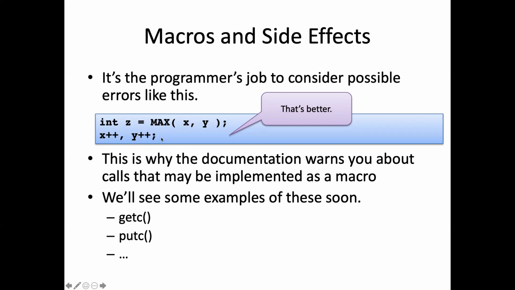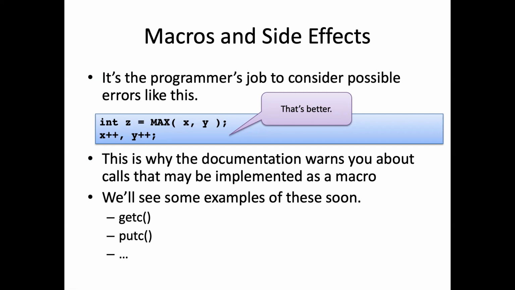That's really why the documentation has warnings about things that are or may be implemented as a macro. That's why it says those two that we just looked at, getC and putC, could be implemented as macros. That's a warning that you don't want to pass in any parameter values that could change the parameters, because those changes might get applied more than once.